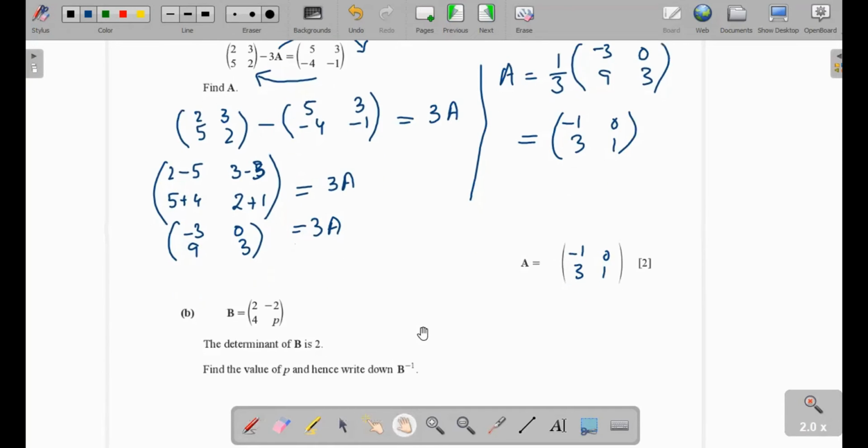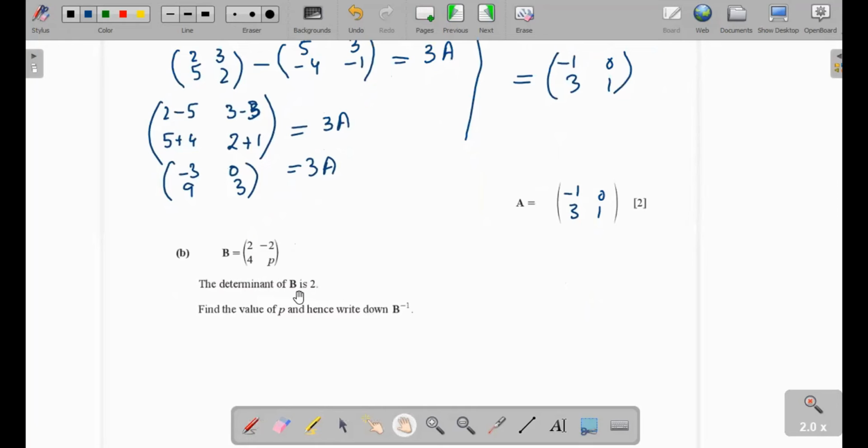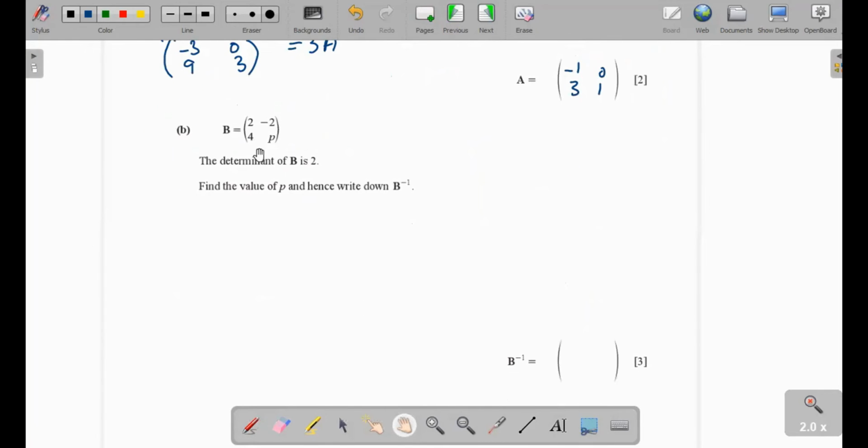Okay, now part B: matrix 2, 4, minus 2, p. Determinant of B is 2. Find the value of p, hence write B inverse. Firstly, we find the value of p. The determinant of B will be equal to, we cross multiply these two values: 2 multiply p is 2p, minus 2 multiply 4, we get 2p plus 8, and that is 2.